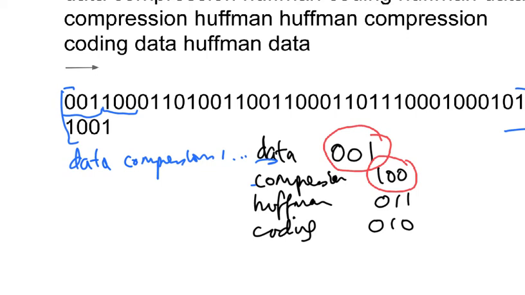So the codes are all unique. There's only one way to interpret 001, there's only one way to interpret 100, and the same goes for 011 and 010. So they're all easy to decode.